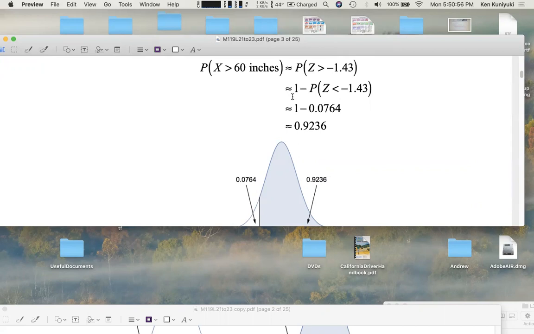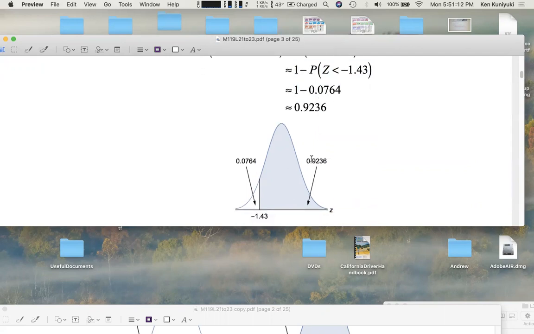We want the complement: 1 minus the probability that z is less than negative 1.43. You don't have to write this part down if you write this. If you plug in that the left tail probability is 0.0764, 1 minus 0.0764 gives our answer, about 0.9236.